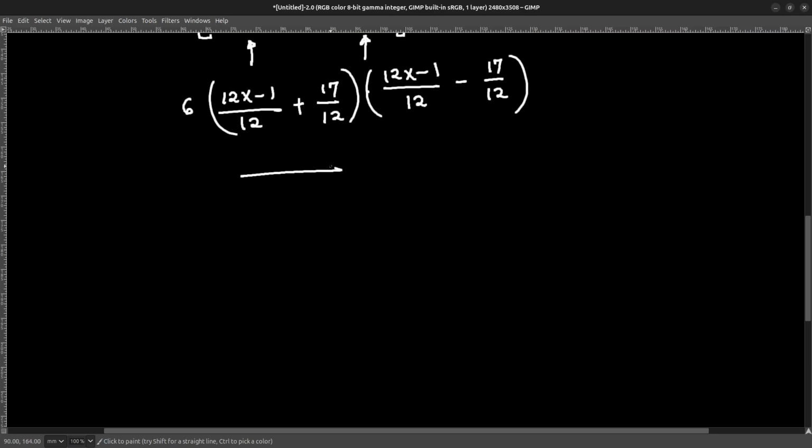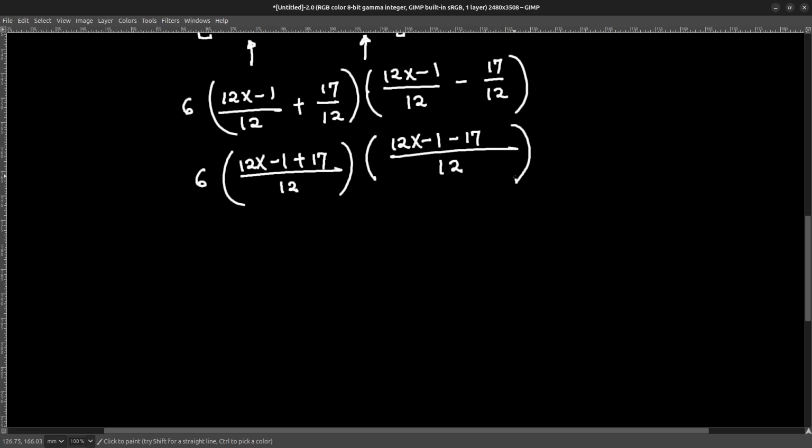So this first one, the LCM is 12. 12 divided by 12, that's just going to be 12x minus 1 and then plus 17. We still have the 6 here. And then the second one, the denominator is still 12, and then this is 12x minus 1 minus 17.